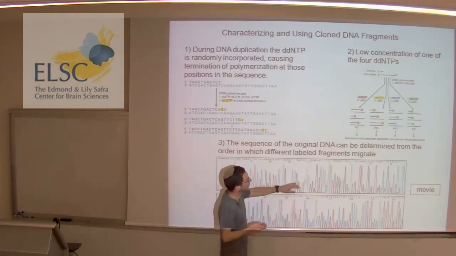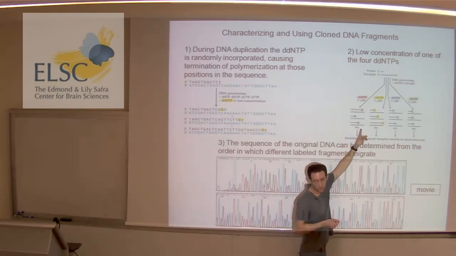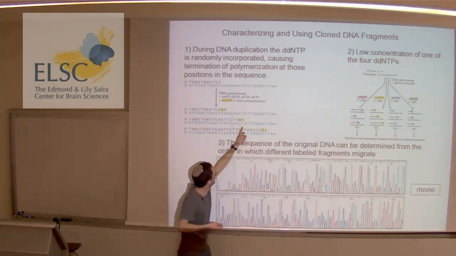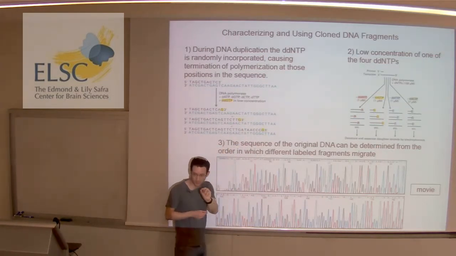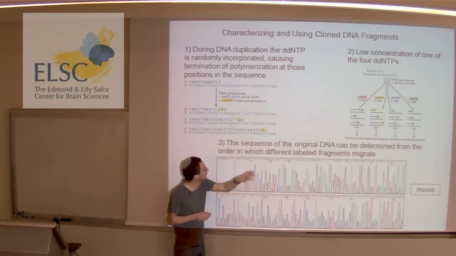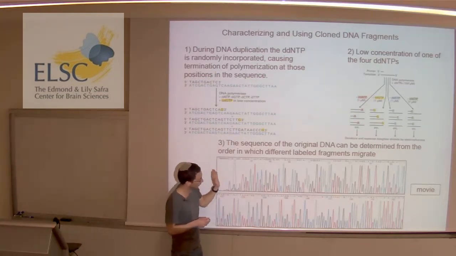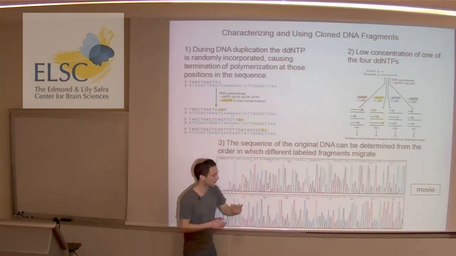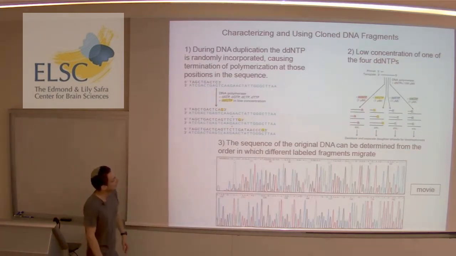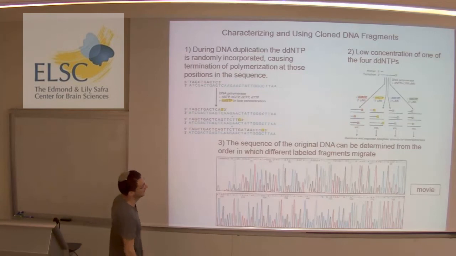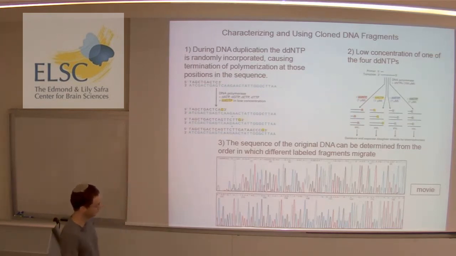The main thing is that these products that are marked in the end, because this is where they stop being elongated, have the radio label right here, and then this would allow you to see them on the gel. That's that. I don't know if you can do it with fluorescent dyes. I don't think so.